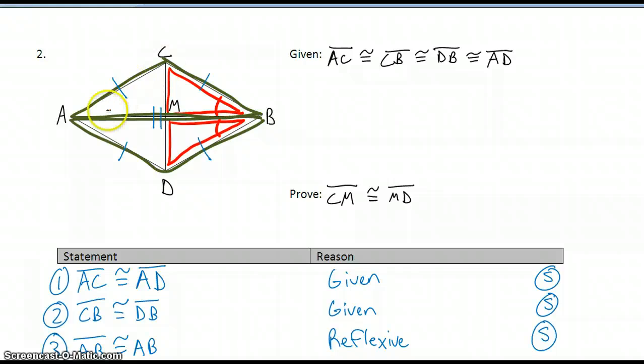So now that these two green triangles are congruent to each other, all their corresponding parts are congruent to each other. And the parts that I want are this angle and this angle. So I'm going to use that.